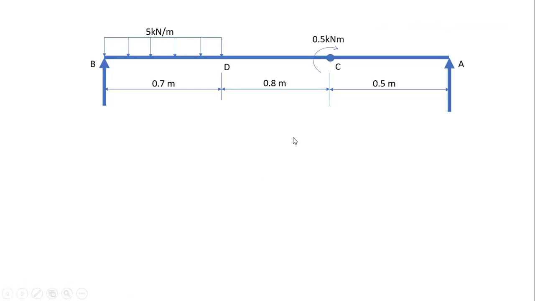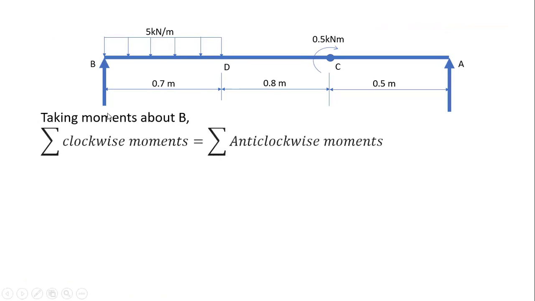Here we are. We said 0.5 kilonewton meters, and this is where it is acting. We have our UDL here, our reaction at B, our reaction at A, and there's C and there's D. So what are we going to do then? Let's start by taking moments about B, meaning we're going to take moments about here. The condition is that the summation of clockwise moments is equal to the summation of anti-clockwise moments.